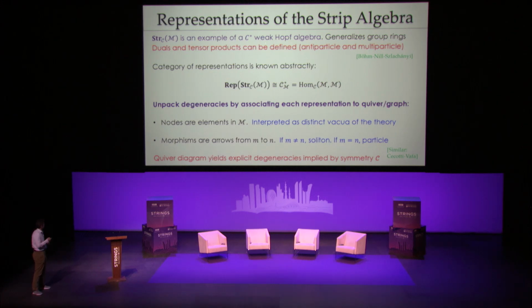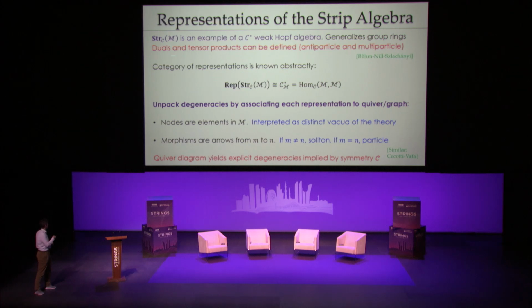What you should know, though, is that it's the kind of algebra where if you look at its representations, you can define duals, and we need that because the duals are telling us that there exist antiparticles. And there are tensor products, and you need that because if you have single particle states, you better be able to construct multi-particle states, and we need symmetry to act on those notions. So that's in one way to understand why we got this structure.